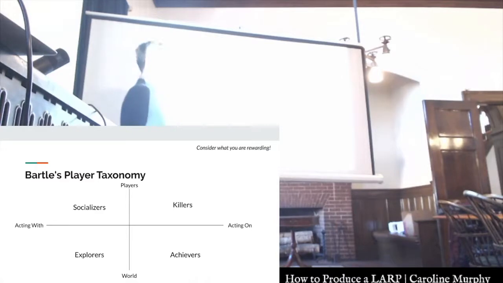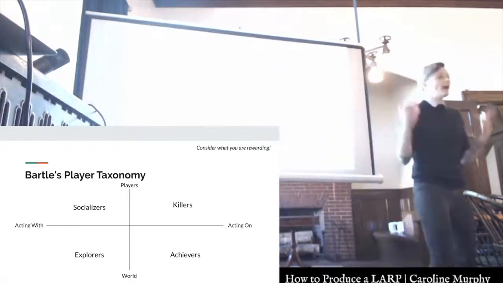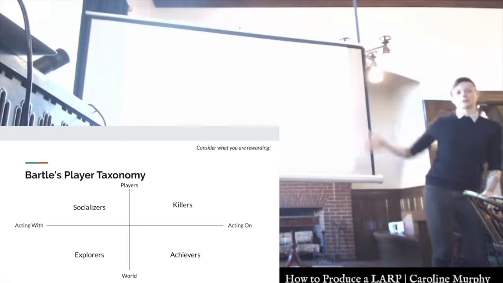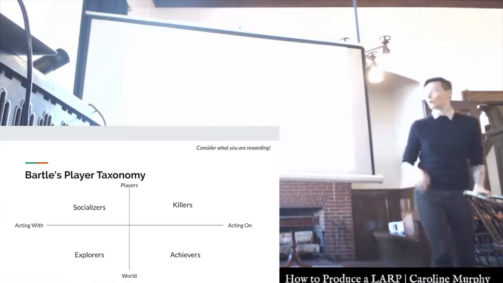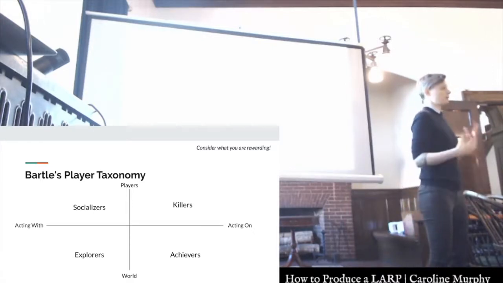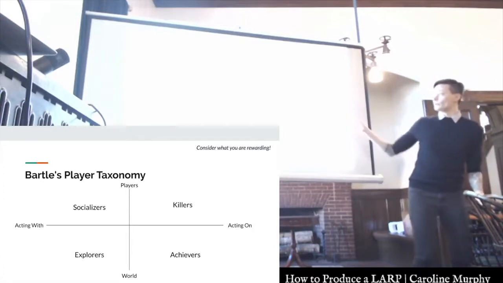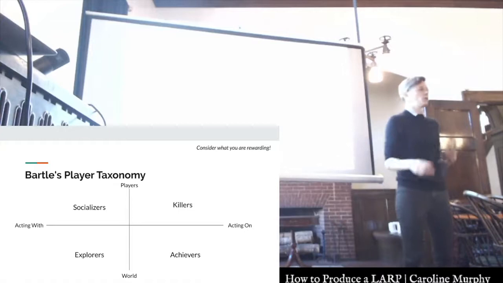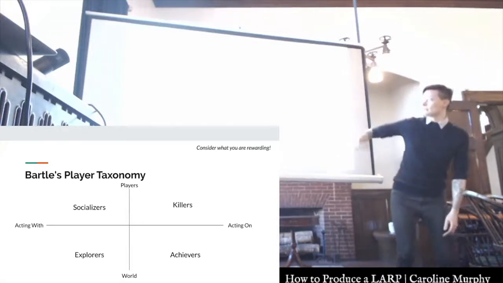So I bring this forward because I want you to think about, when you're thinking about rules and systems, understanding the diversity of different player types. Are you going to create worlds and plots and the things that allow people to interact in all of these different frameworks? Or do you want to say, actually, this game is not for killers.